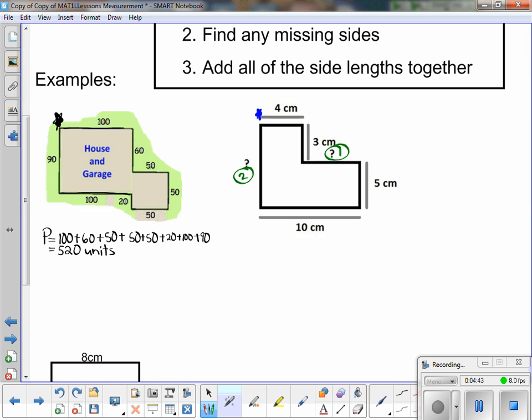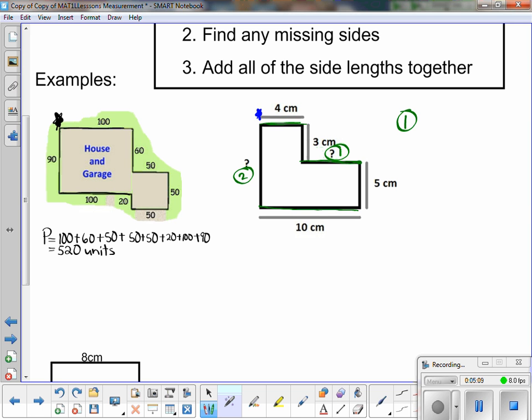Let's take a look at number 1 first. It's looking at this distance this way. Do I have any other numbers in my question that are horizontal, in other words, lying flat this way? Well, yeah, I have this 4 up here, and I have this long one down here.